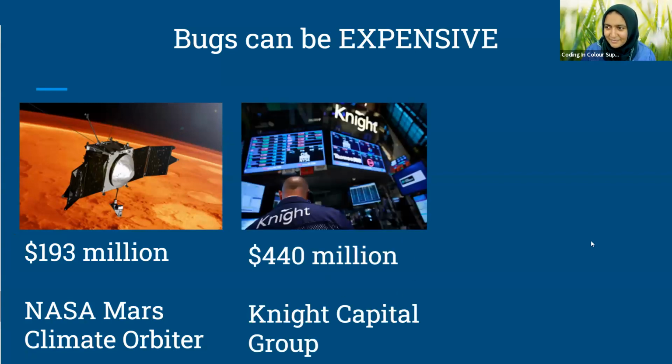Another really big famous one was the Knight Capital Group. So this was in the stock exchange. It was a company that was trying to use algorithms to buy and sell. With day traders, their goal is to buy things low and then sell them high, right? Typically in the same day. So they had an algorithm, a software whose job it was to do that.